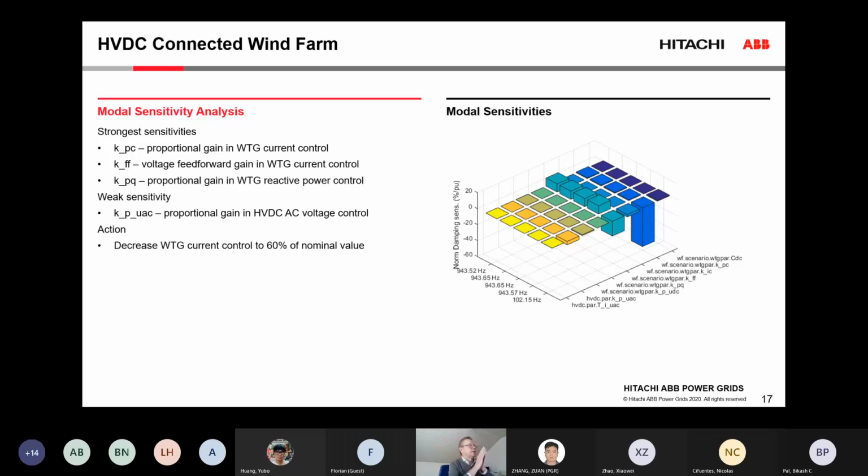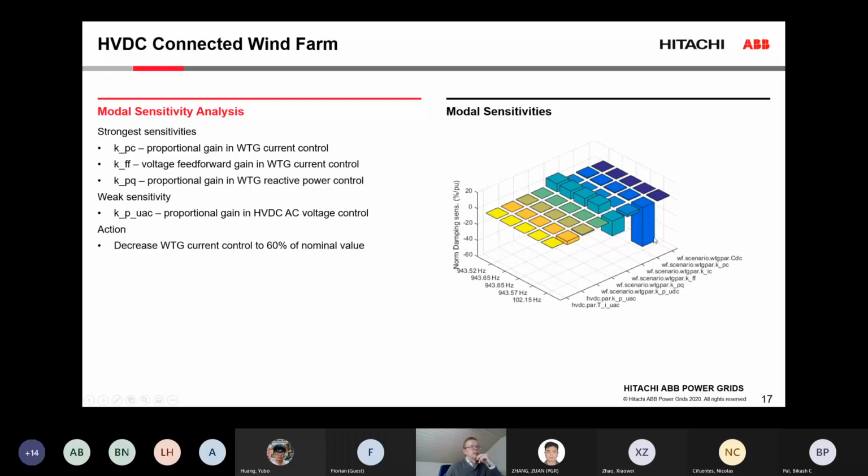We can now run modal sensitivity, but what we change now is that it will also include the control parameters in the HVDC, and in HVDC we also have a virtual resistor. We have included the gain of the AC voltage control, but looking at the sensitivity, we figure out that the solution to this problem is more or less the same as with the AC cable.